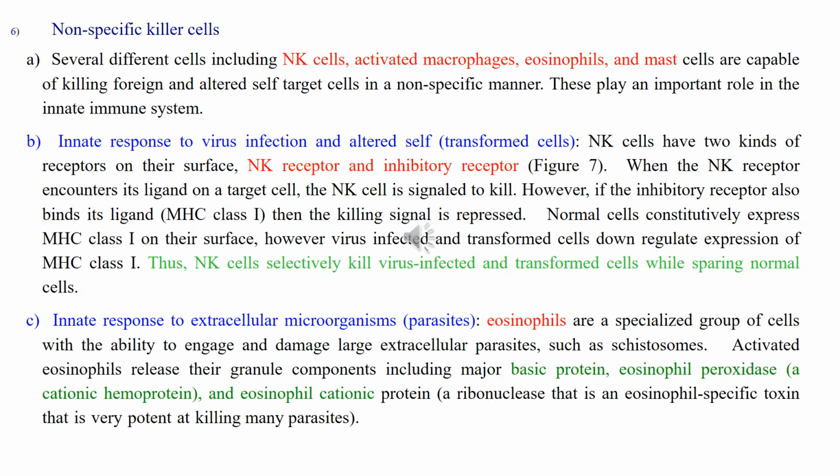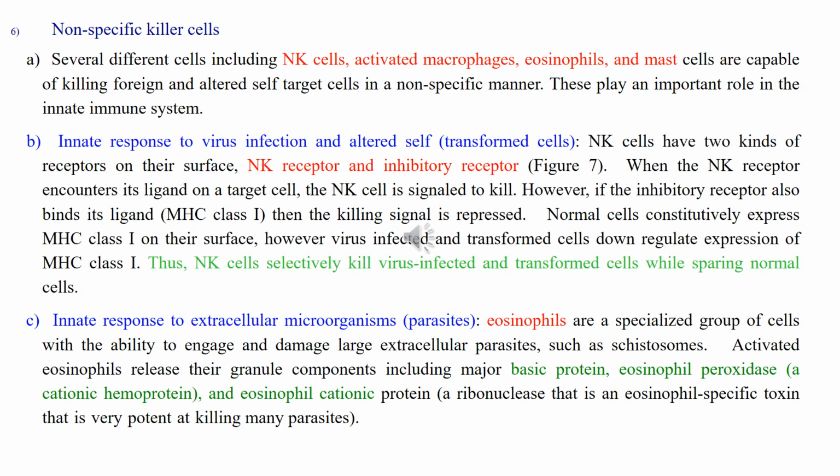Innate response to virus infection, altered cells, and transformed cells. NK cells have two kinds of receptors on their surface: NK receptor and inhibitory receptor. When the NK receptor encounters its ligand on the target cells, the NK cell is signaled to kill. However, if the inhibitory receptor also binds to its ligand, which is MHC class 1, then the killing signal is repressed.